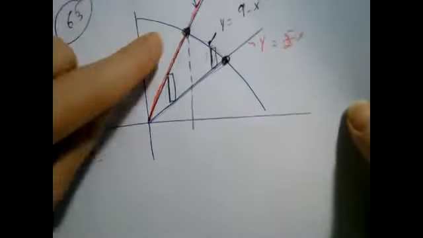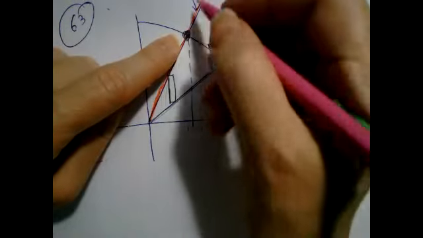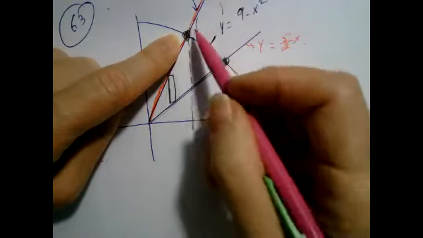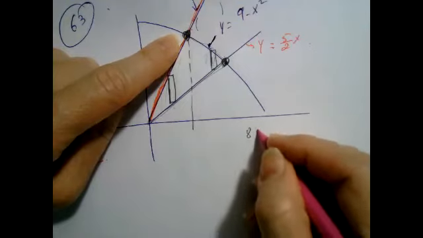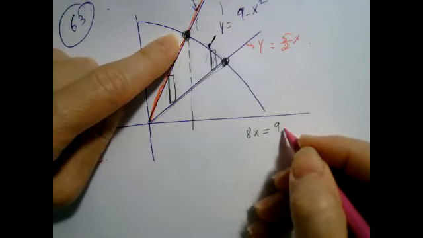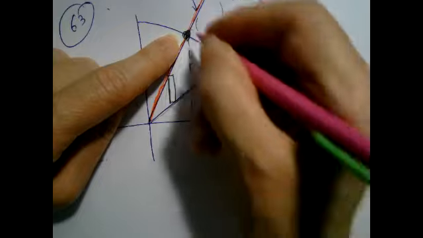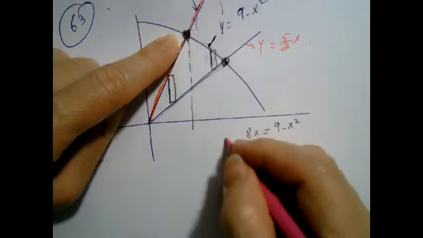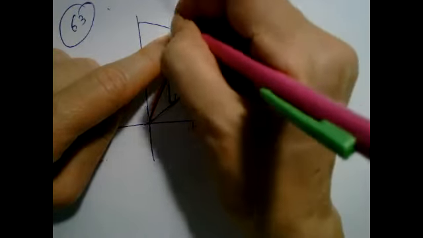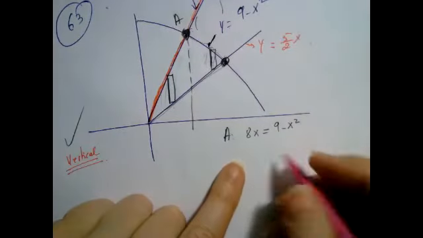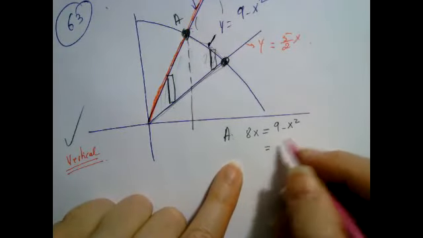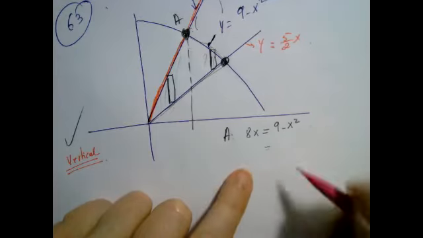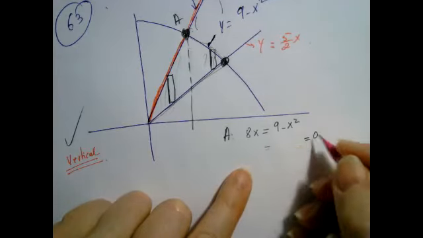So intersection point. The first one, I need to set 8x equal 9 minus x squared for the point A. Let me call it A. Okay, and then how much do we get here? Anybody got the answer? This is 0.